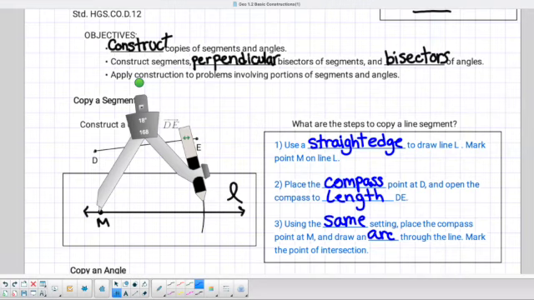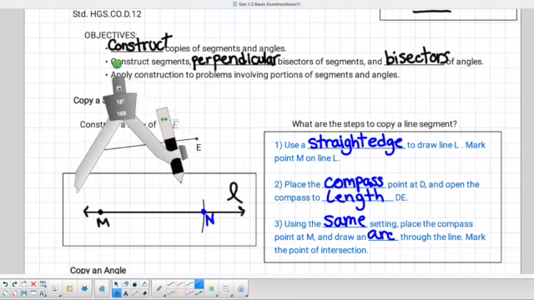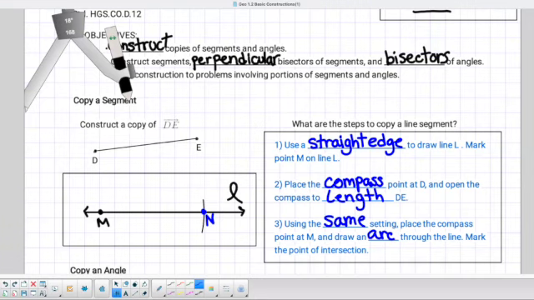And mark that point, intersection. And since we started with M, we'll call this point N. So now we have a line segment that is the same length as the line that we started with, DE.